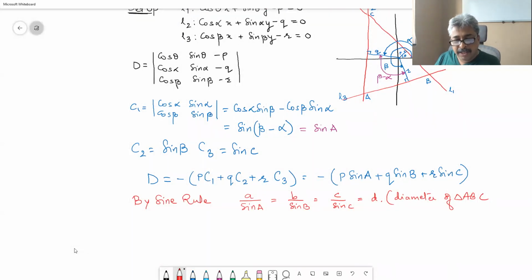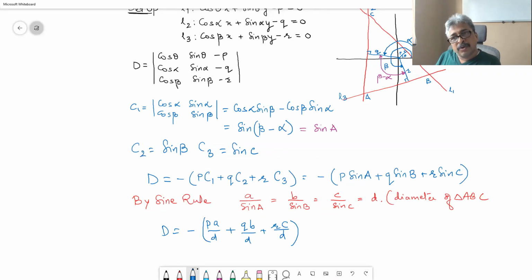So sine A is a by D. Therefore, D is equal to minus pa by D plus qb by D plus rc by D. That is what is your determinant.